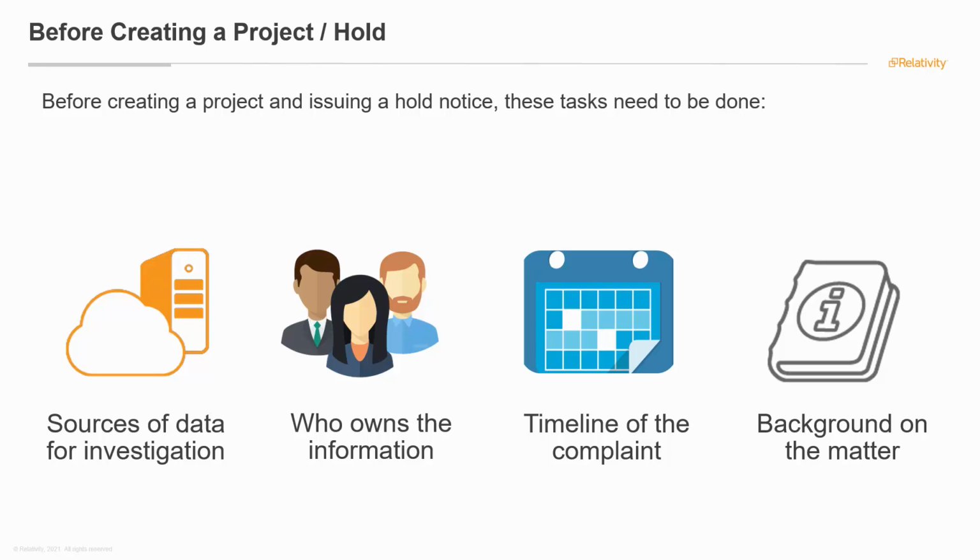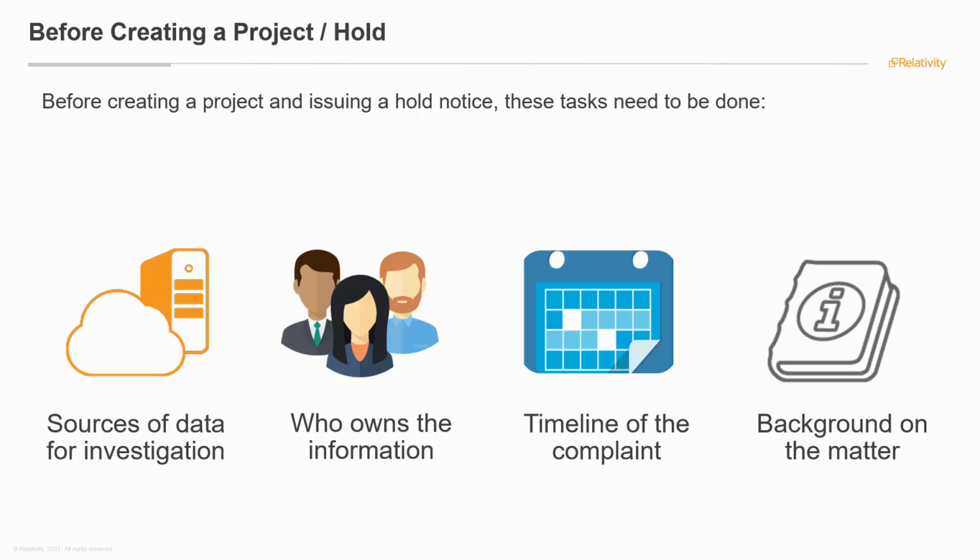You'd need to find all data repositories that may hold pertinent information for the investigation. Then we need to identify the custodians of that data. You know, who owns the information? Once the custodians are identified, we would create them in Relativity and assign them a role that determines what type of communications they receive and when they can be released from a hold.